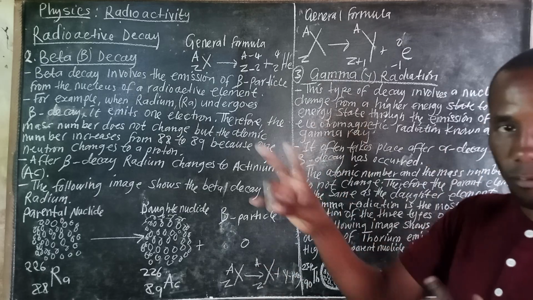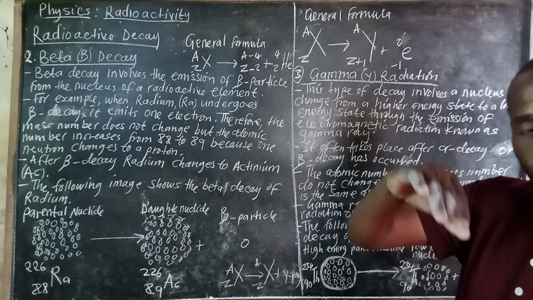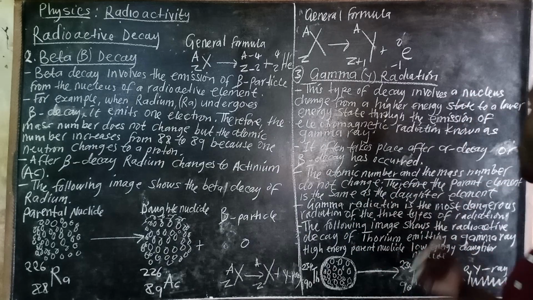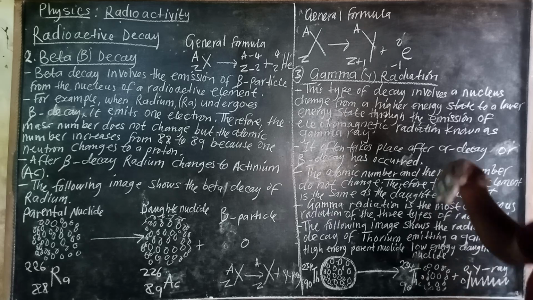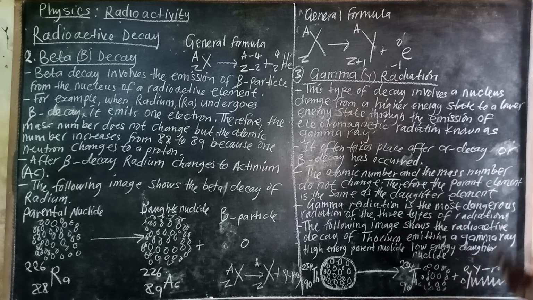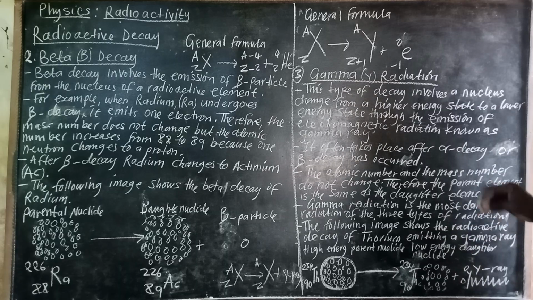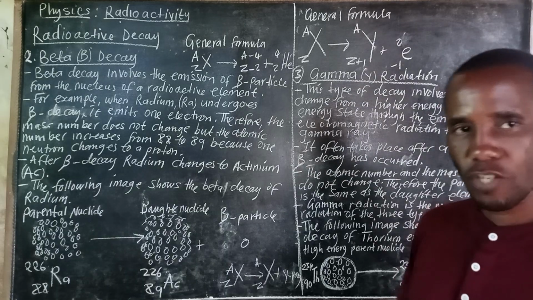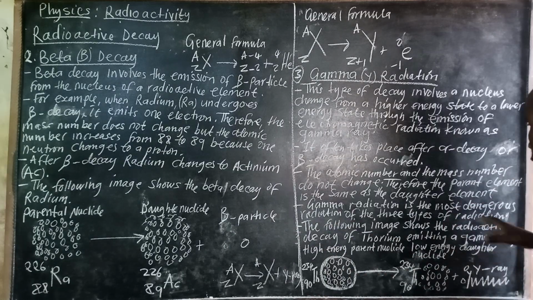So when either beta or alpha decay has taken place, that's when this one also comes in. The atomic number and the mass number do not change, because a gamma ray is radiation given off.